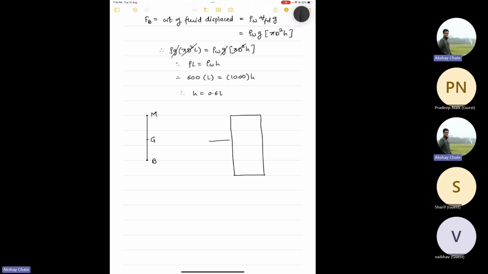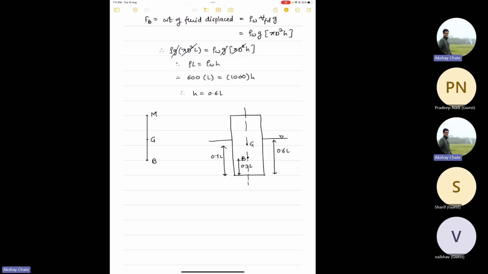And this was our free surface level, and this is our center axis, and we know this is 0.6 L. So B point, which is roughly at the center of this B, is at 0.3 L, and we know that G is at half of L, so it is again 0.5 L from bottom and 0.5 L from the top.